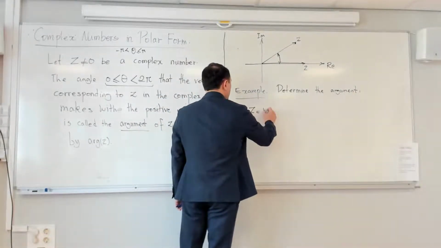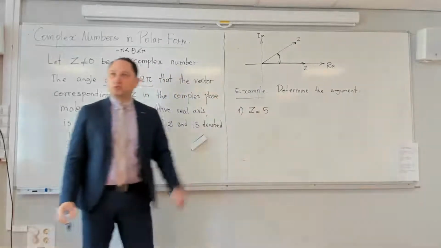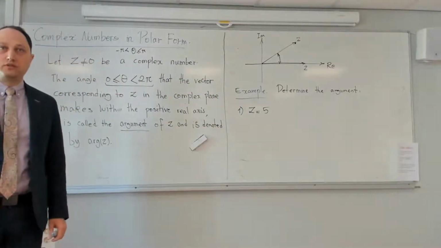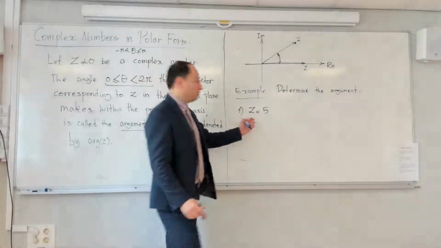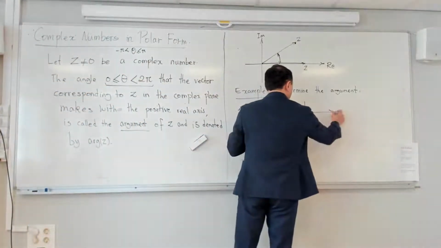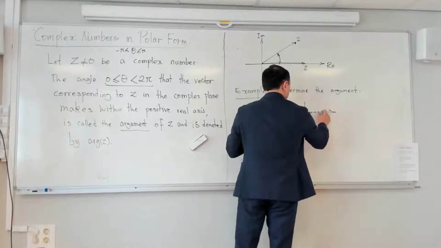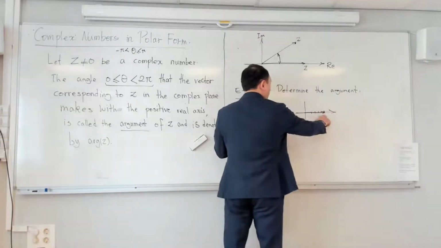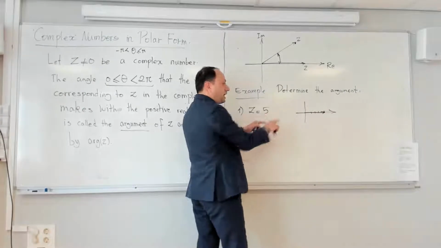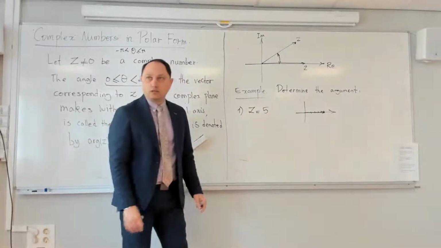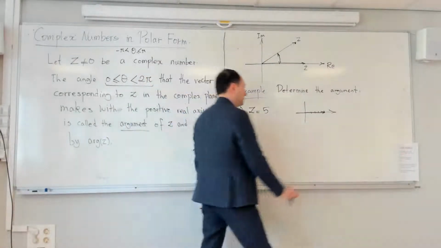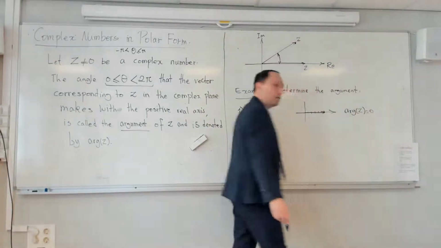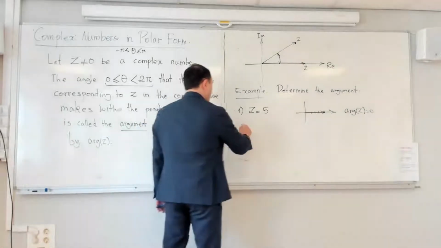If I give you Z equals 5, some of them you really don't need to calculate anything. So what's the argument of Z equal to 5? Do you agree with me? Because, so 0, yes? So here you put 1, 2, 3, 4, 5, and then you draw this arrow. So this arrow represents this. And what's the angle now? You see the vectors are lying on top of each other, so it is 0. So the argument of Z is 0. Agree?